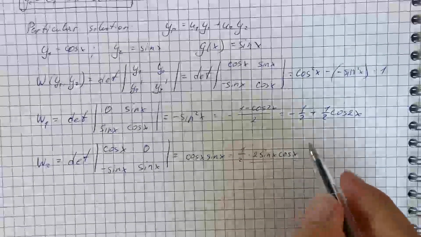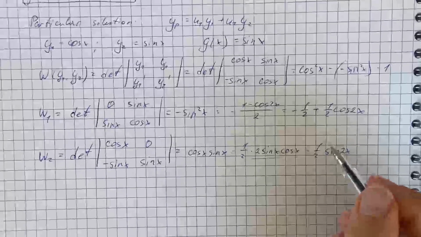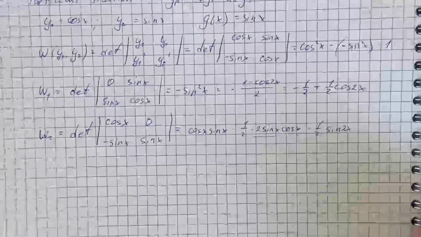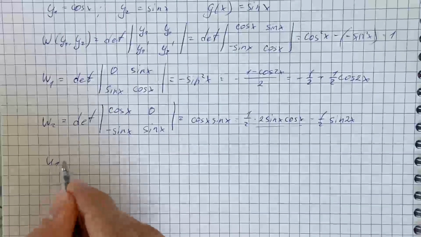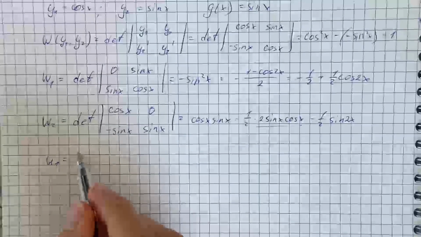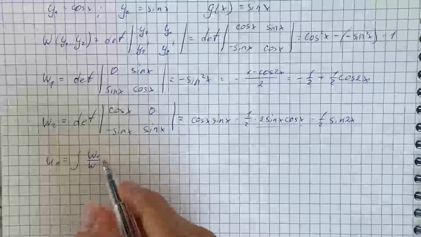So this expression equals 1/2 sine of 2x. So knowing this, we can find u1 and u2. For the formula for u1, we take the integral of Wronskian 1 over the Wronskian dx.